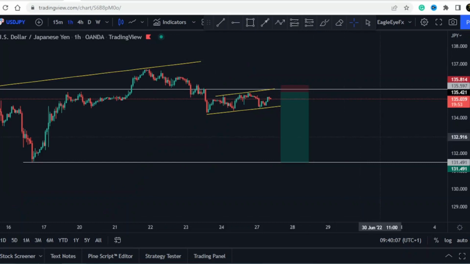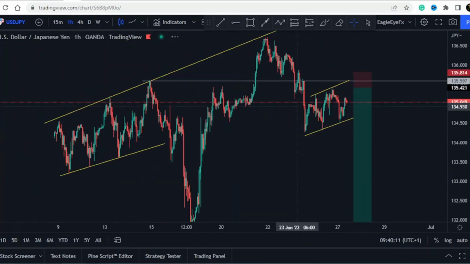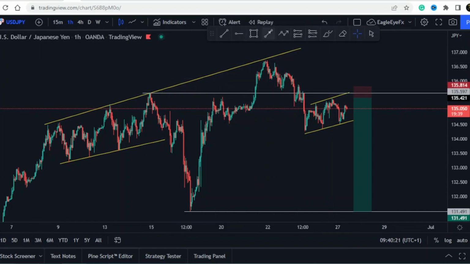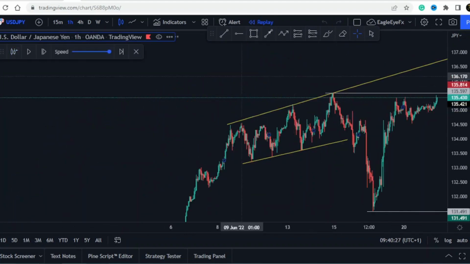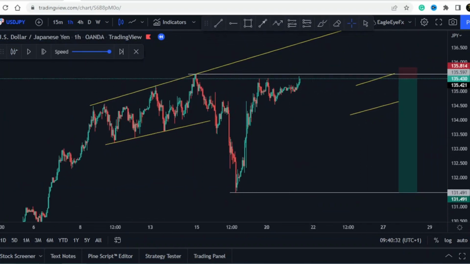So let me go to the 1-hour time frame. You can see that this market broke this level over here and went up. Now this is where you find out the people who normally trade support and resistance. This is where you are normally caught off guard. Let me show you something.